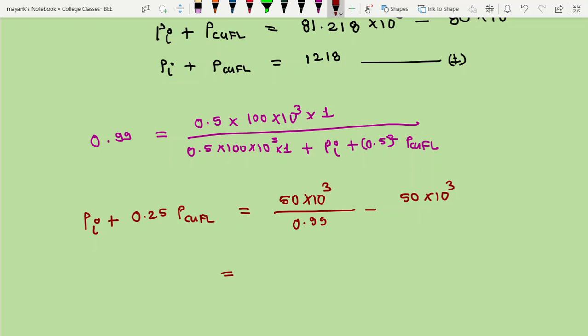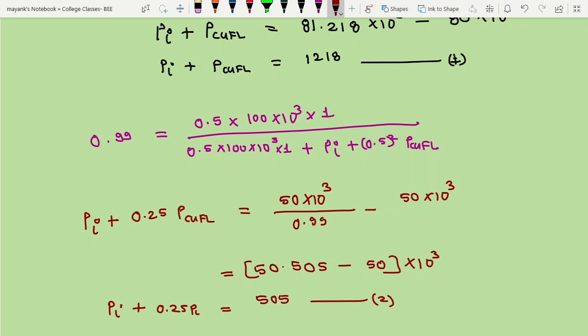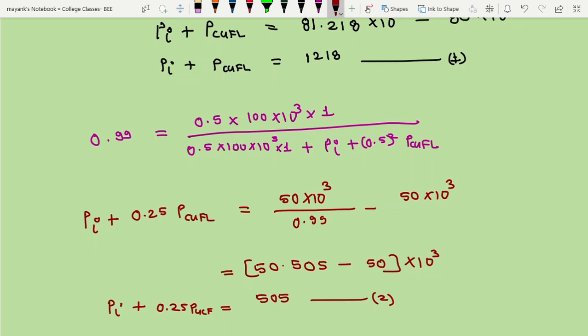So this will come out as 50.505 minus 50 into 10 raised to the power 3, and ultimately this will become 505. So this is equation number 2. What is this here? This is Pi plus 0.25 P copper loss at full load.